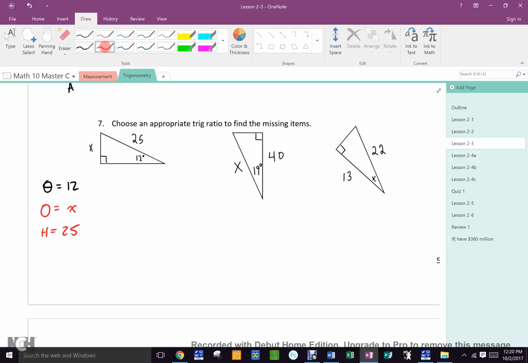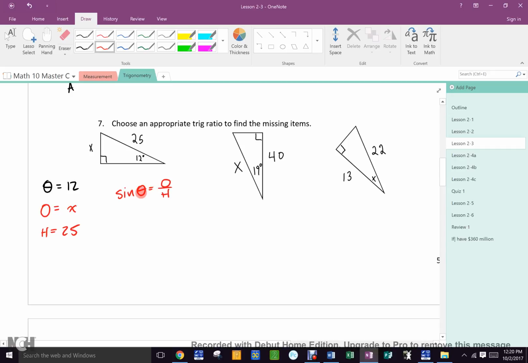Sine. Why? Because I have O and H. If I write it out, is it possible to do trig wrong? No. Because right there tells me I need O and H. So it must be sine theta equals O over H.